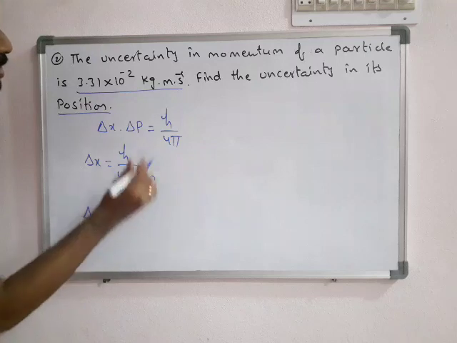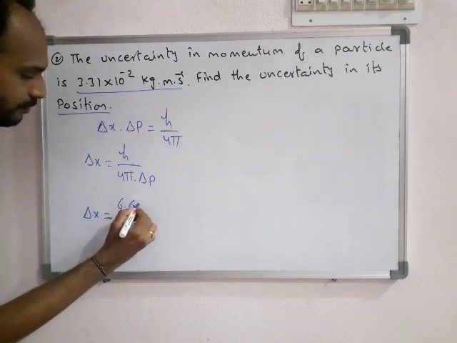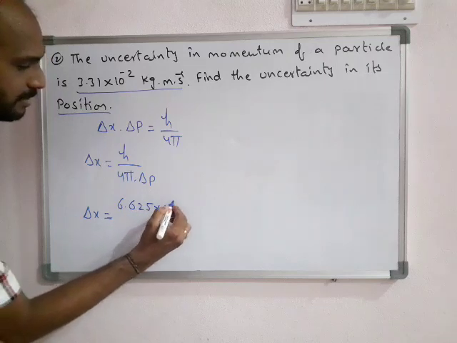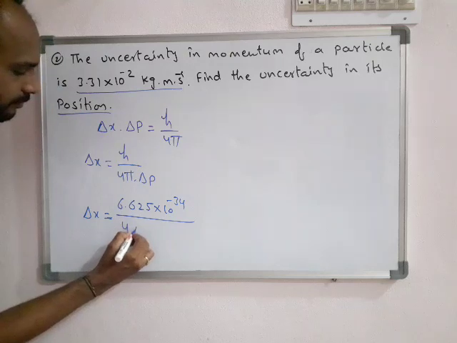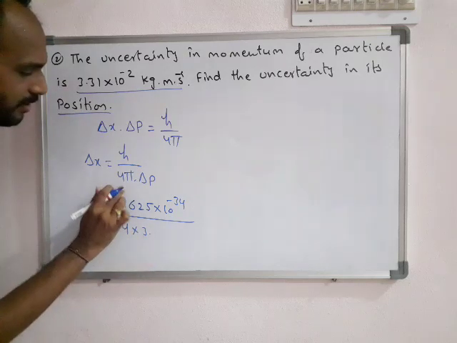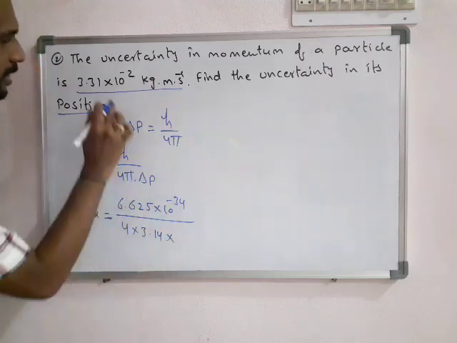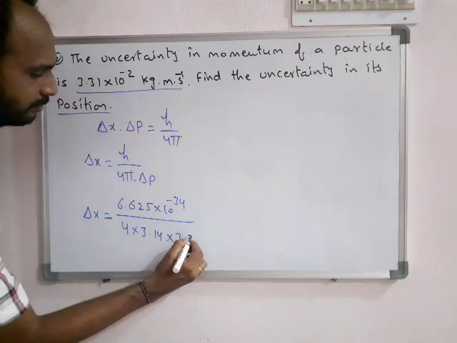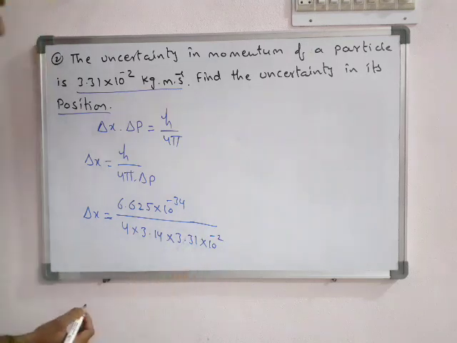H, sorry, we follow the SI method. That's why we are taking joule into second. Here pi value is 3.14. What is delta p given? 3.31 into 10 power minus 2.